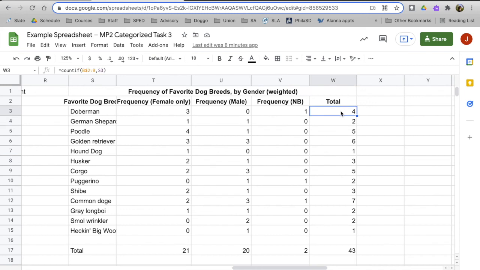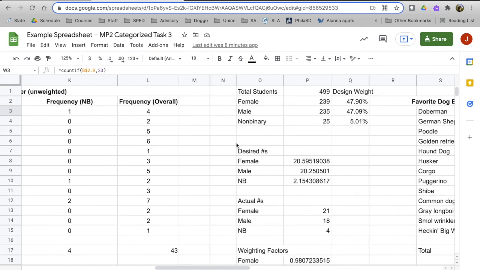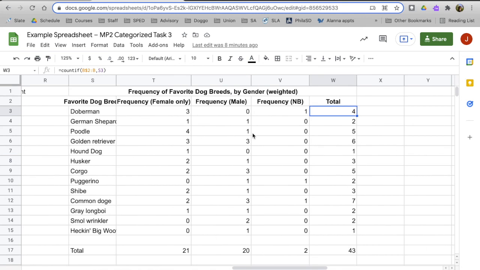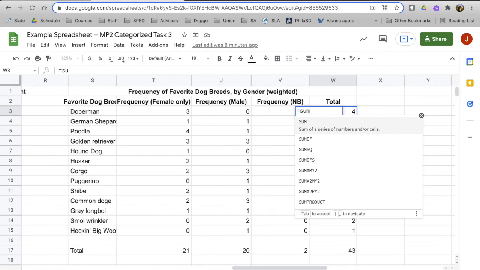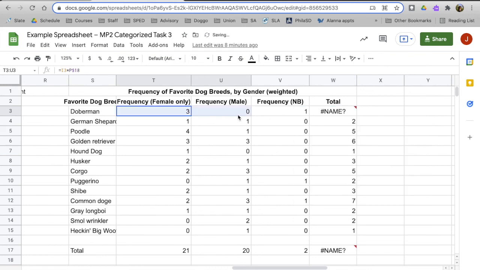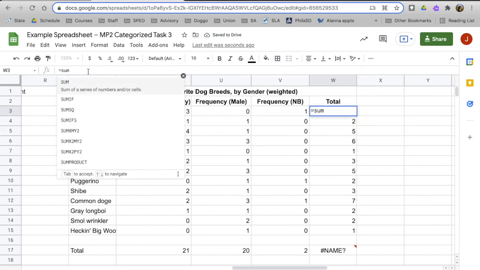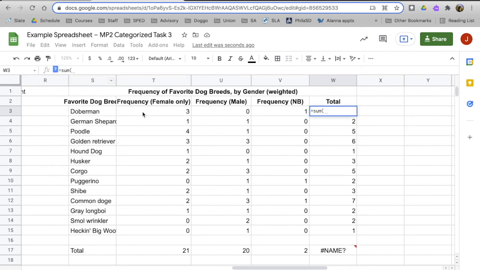Okay, and then finally, we can just do the total here. You can find the total simply by using the sum formula and saying you just need to add all these up. So equals sum, and then add this, add this, add T3 all the way to V3.